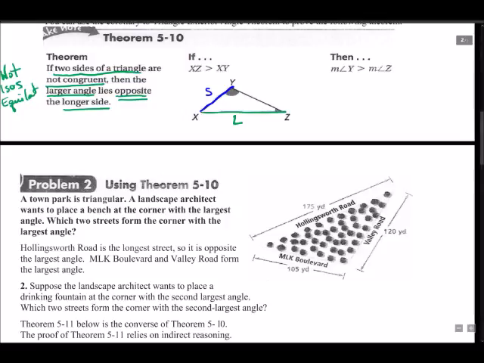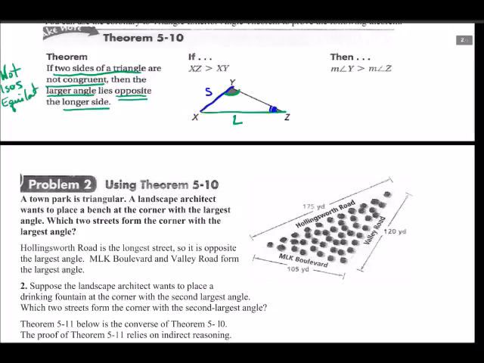So that tells us that the measure of angle Y, right here, is greater than the measure of angle Z, right here. That's pretty straightforward.